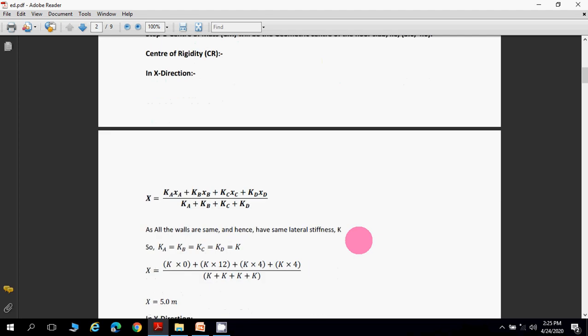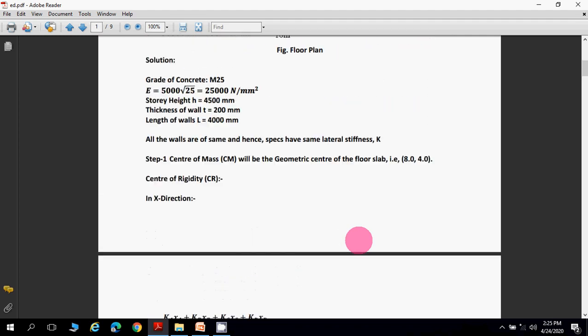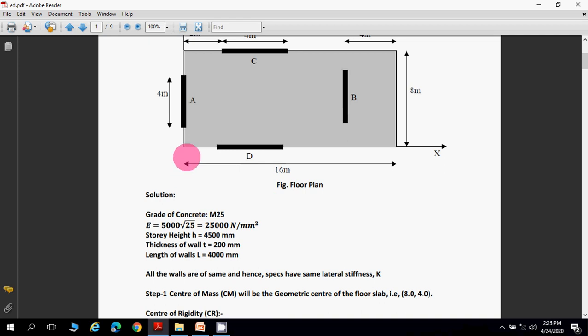If the stiffnesses are the same, then put the values of Ka, Kb, Kc and Kd equal to K. This problem I have already discussed in a previous lecture. If I consider the zero point and starting point here, then for wall A the value of x will be equal to 0.